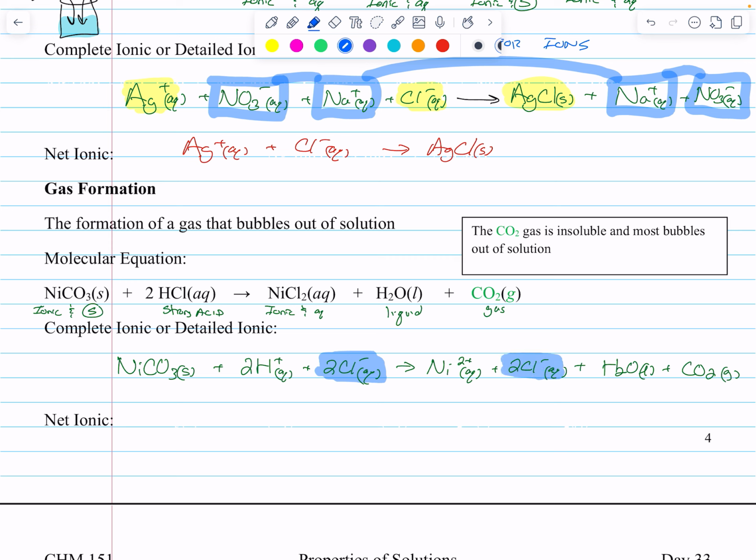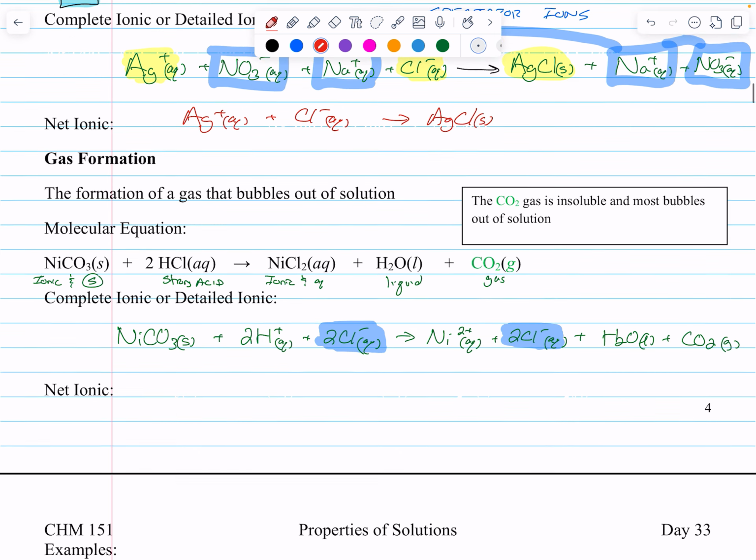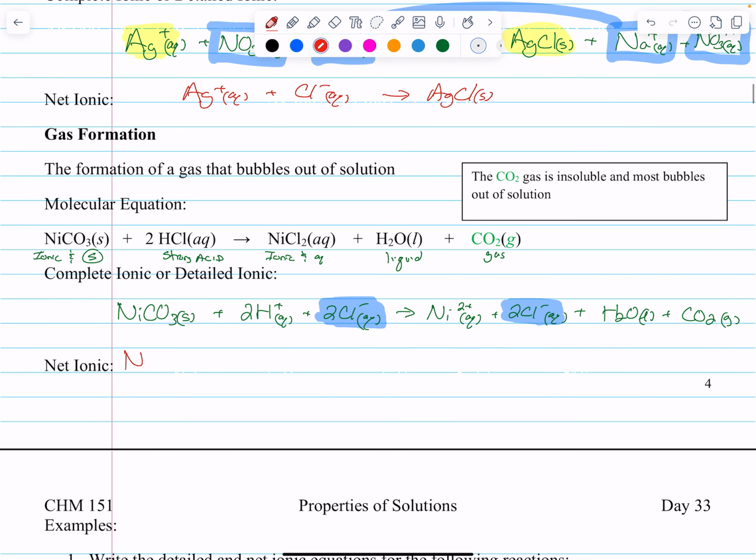That's better looking. All right, so my net ionic equation then would be NiCO3, nickel 2 carbonate, plus 2H plus. So this is why, if you've ever heard, "Hey, you just got to add acid," well, it doesn't really matter what strong acid. You just need to add a strong acid, because as long as it's a strong acid and the nickel salt is soluble, right?